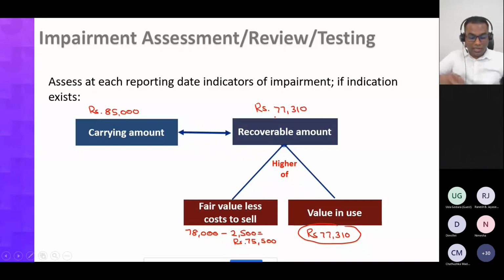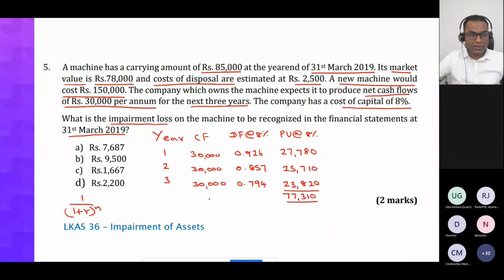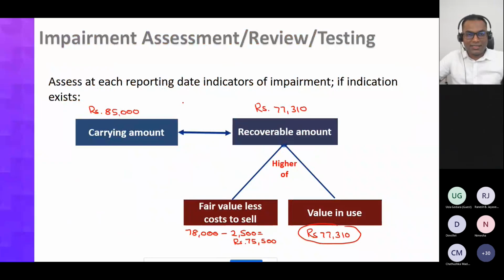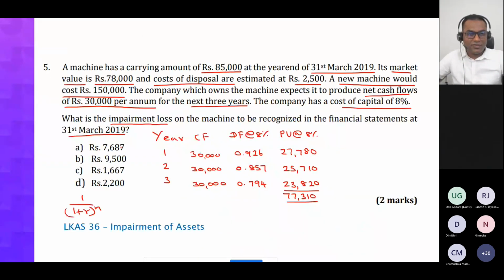You have to recognize an impairment loss for the difference, 85,000 minus 77,310. How much? The answer that I get here is 7,690. So what is closest? This one.